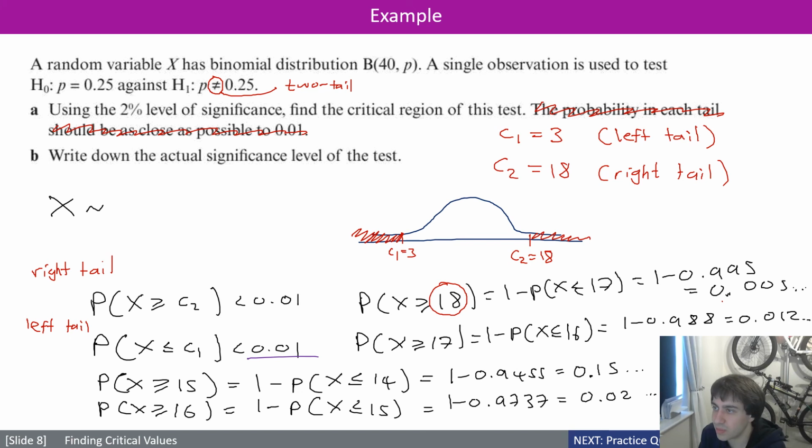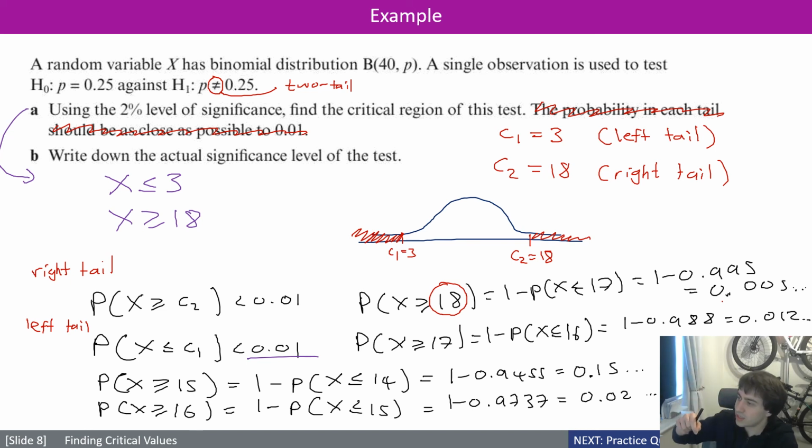Let's write it over here in purple. X is less than or equal to 3, and x, so I'm answering part A here, is greater than or equal to 18. And also we should state the other bounds, right? It's less than or equal to 3, but the minimum it can be is 0. So let's put that there. And on the other side, the maximum it can be is the number of trials, which in this case is 40.